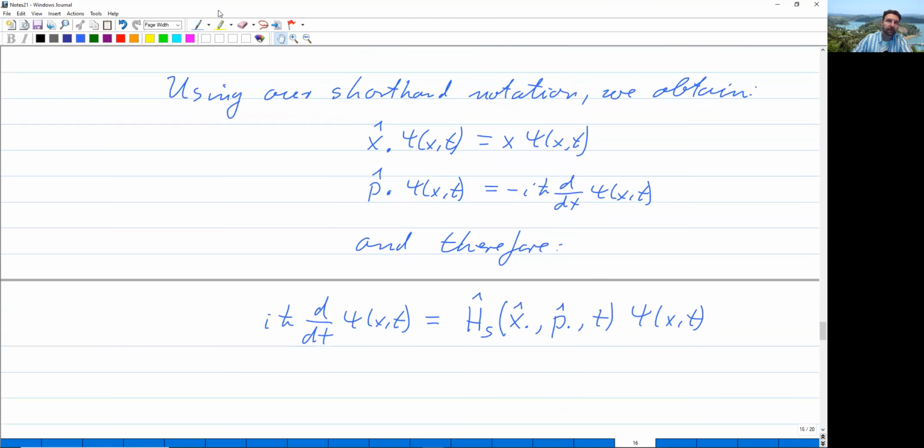All right, this now is the Schrödinger equation in the position representation as you've seen it many times before.